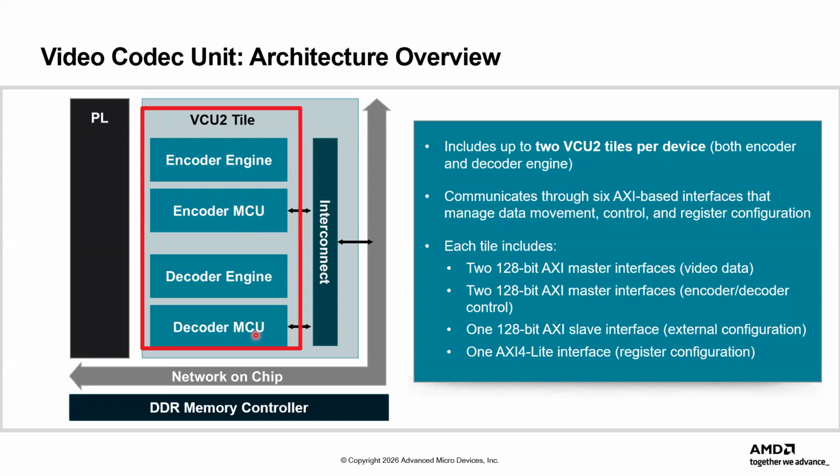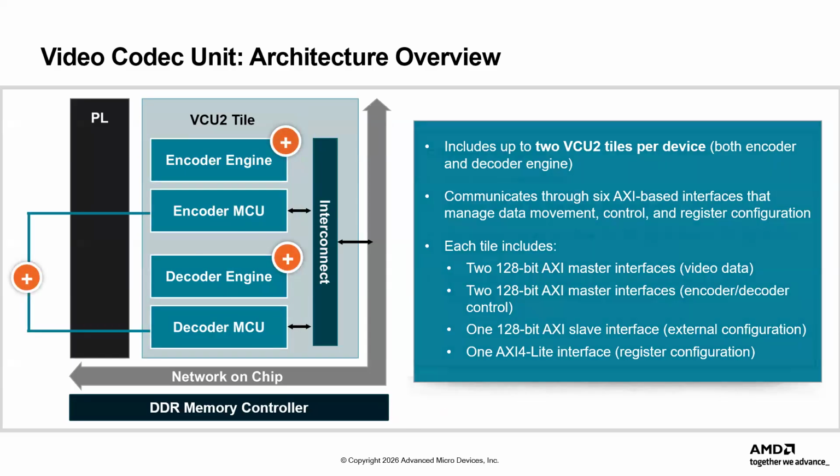So in the newer devices, you see they're already leveraging the capability and the flexibility of the RISC-V MCU, and that's what these are. Both the encoder and the decoder, totally separate, but each one of those is a RISC-V processor.